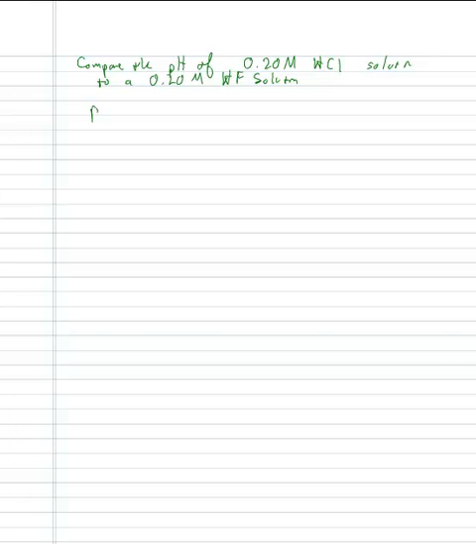Now remember, way back when, our pH is defined as the negative log of the concentration of free hydrogen ions, and we need this at equilibrium. So similar to what we did before, let's calculate our hydrogen ion concentration at equilibrium for the 0.2 molar HF solution using a RICE diagram.